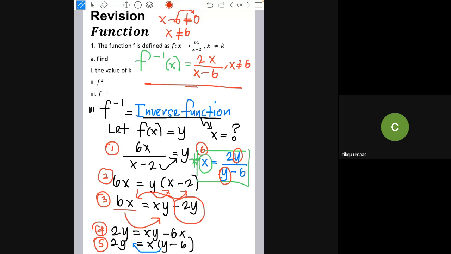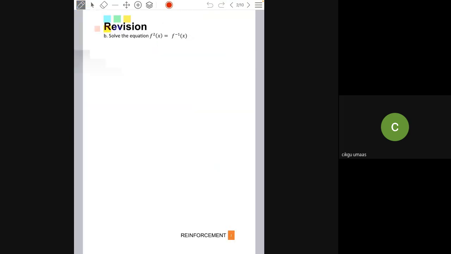Okay, let's go next. All right. They want us to make both of these answers to be equal. If you remember, the answer of f squared or composite just now was 9x over x plus 1. You remember? We got this answer.